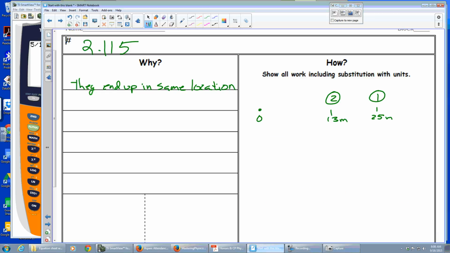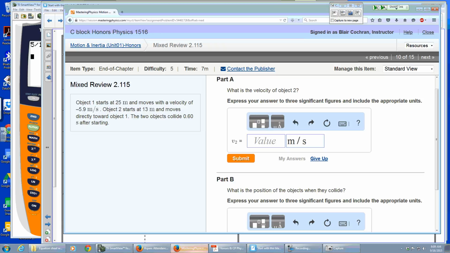So they must be saying that to the right is positive. So number 1 moves backwards that way. Call that V sub 1. And if 2 moves towards 1, which way does it move? Positively. So I'm expecting that when they ask me for the velocity here, I'm going to have a positive value, right?